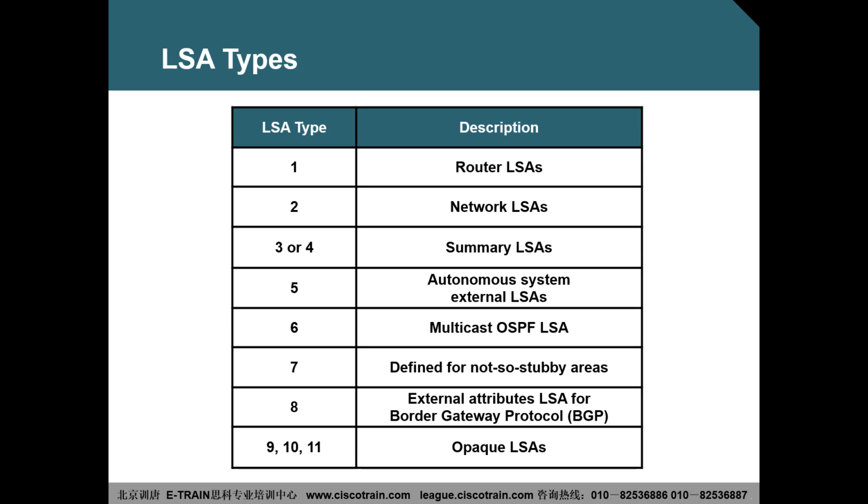So what happens? The ABR, which is in between two areas, in between area 0 and the other area, advertises the route information of this area to that area using the advertisement type called summary LSA, type 3.